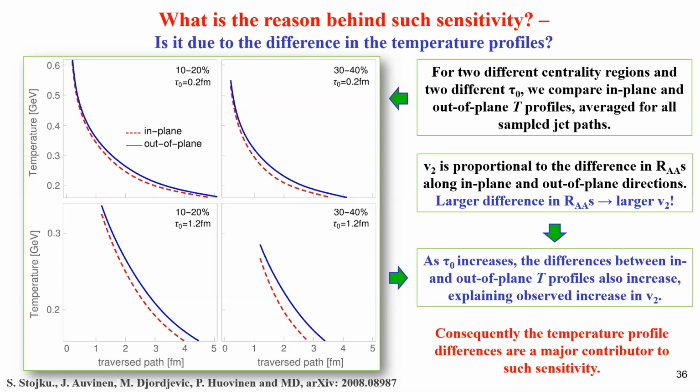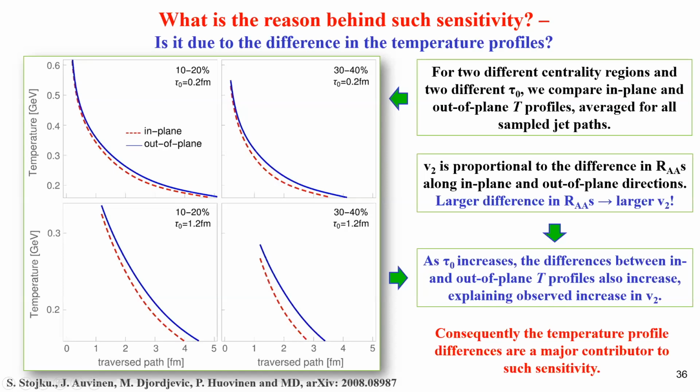The larger the temperature, the smaller the RAA. So the larger the difference in the temperature profiles, the larger the difference in the RAAs. Consequently, a larger difference in the temperature profiles will lead to larger v2.